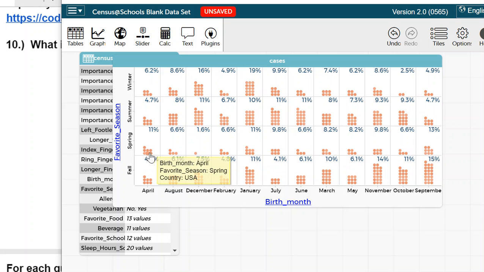January, April, somewhat. Spring, apparently not many people chose spring to begin with. So we might consider that spring may be, but we noticed that with winter and summer and fall, it seemed that when their birth month fell during that season, that was their favorite season.